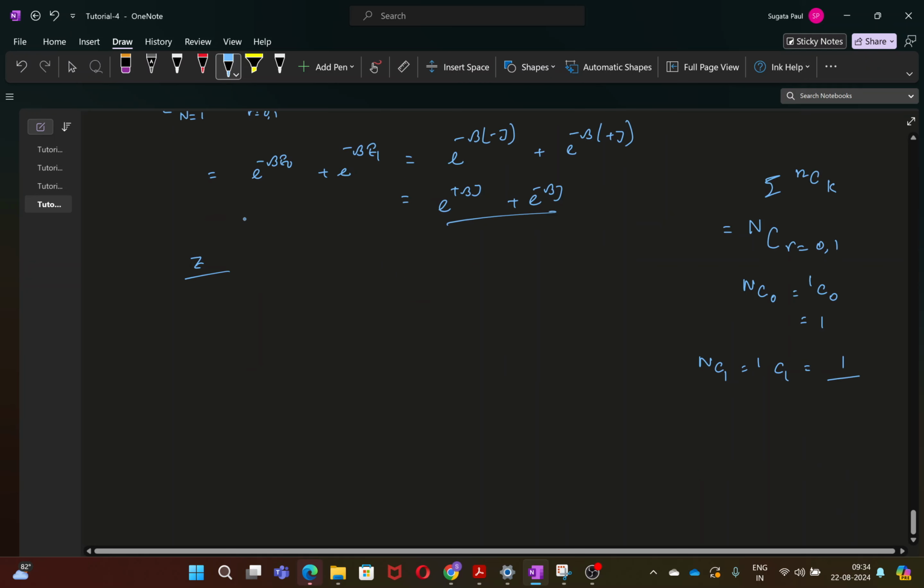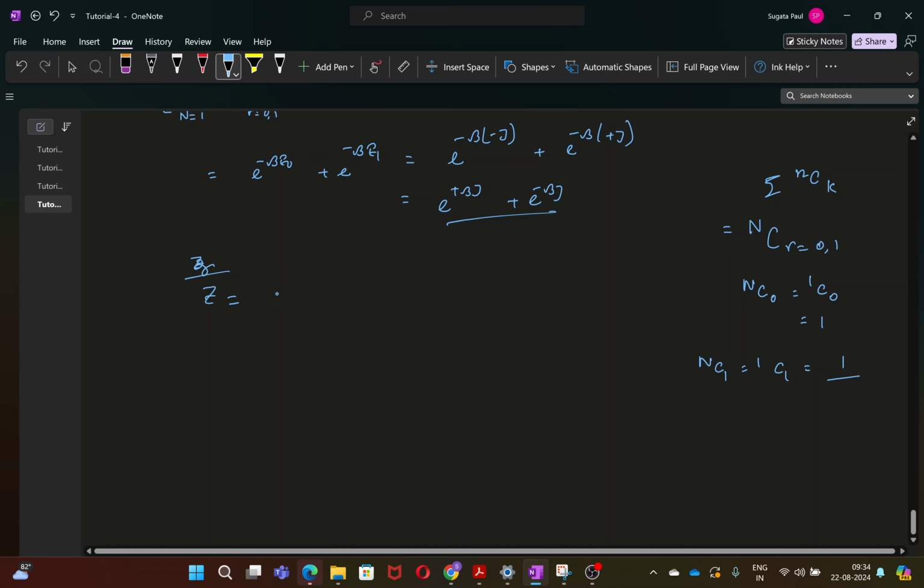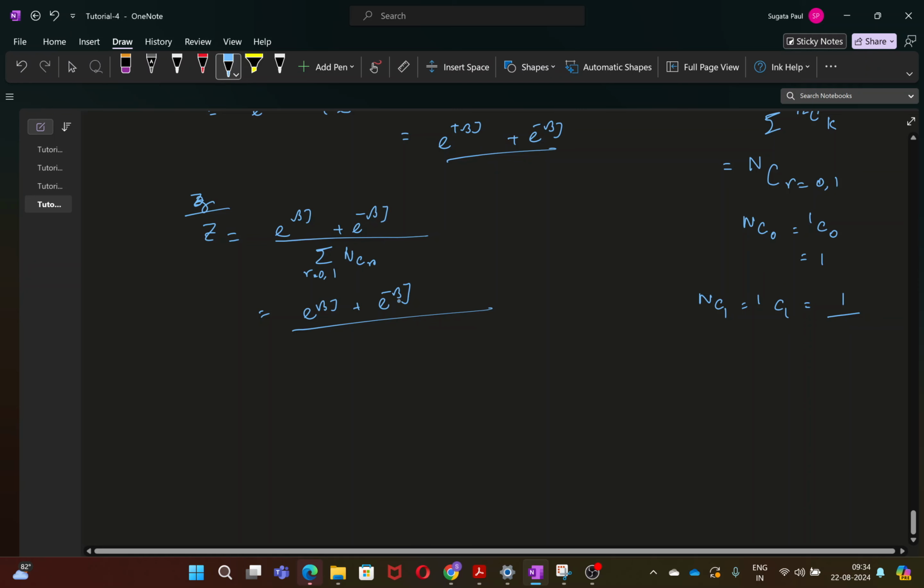Okay, so you get your partition function for a single spin equal to e to the power of plus beta J plus e to the power of minus beta J divided by the sum over NCr, r from 0 and 1, which is e to the power of beta J plus e to the power of minus beta J divided by 1 plus 1, which is 2, right?